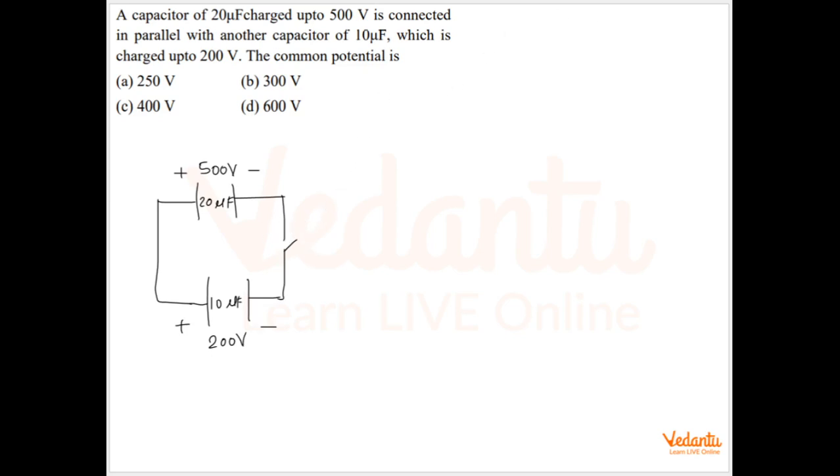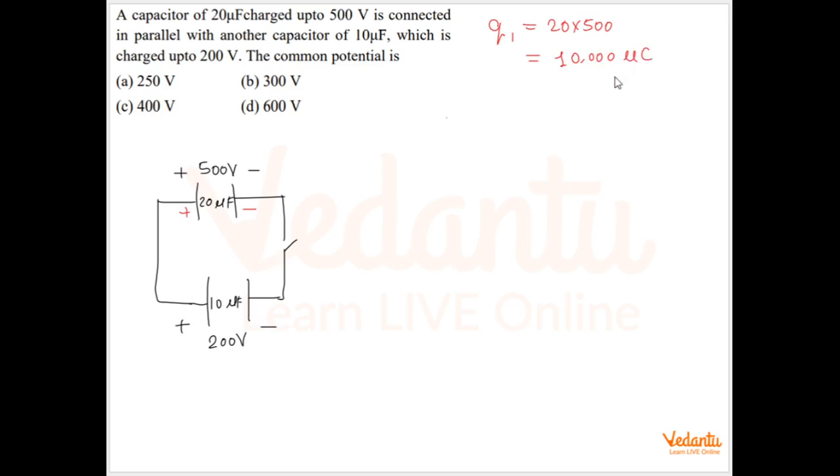So first, my dear bacha log, we will calculate their original charges. I can calculate Q1, the charge on the 20 microfarad capacitor. That will be equal to 20 into 500, that will be equal to 10,000 microcoulombs.